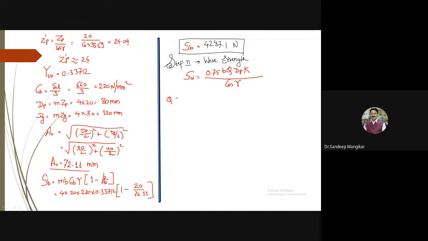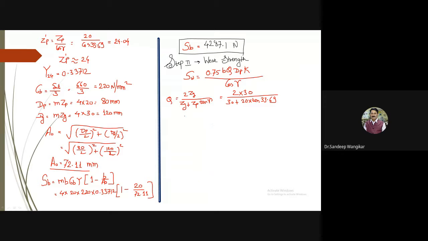So start with Q. Q is equal to twice ZG divided by (ZG plus ZP tan of gamma), which is 2 into 30 divided by (30 plus 20 into tan of 33.69).